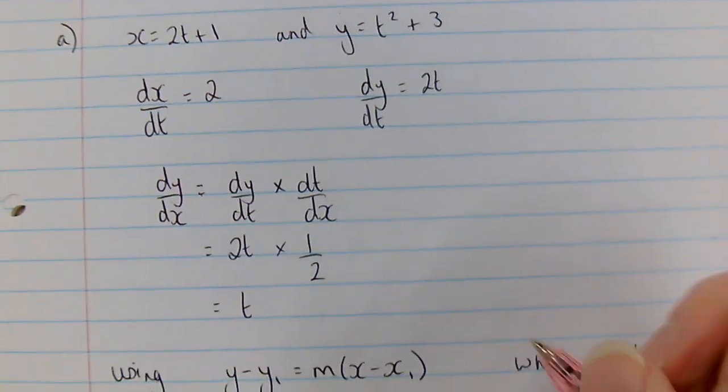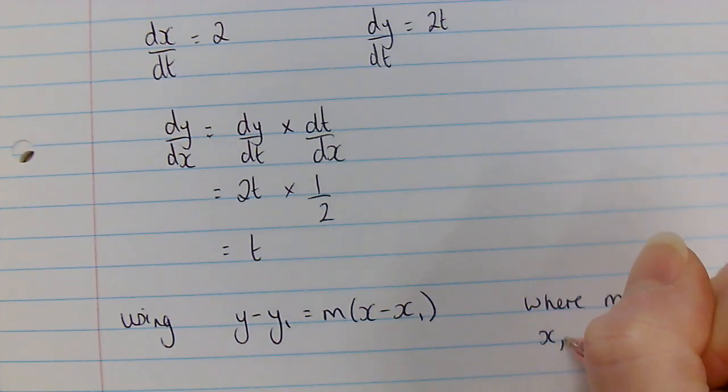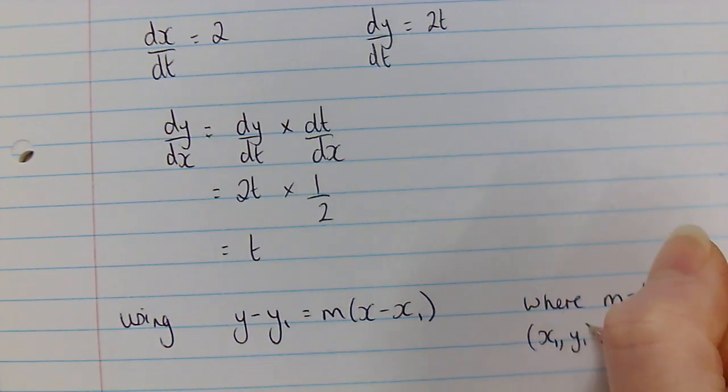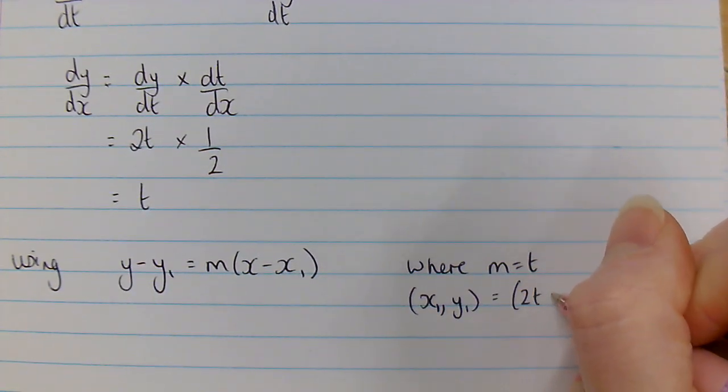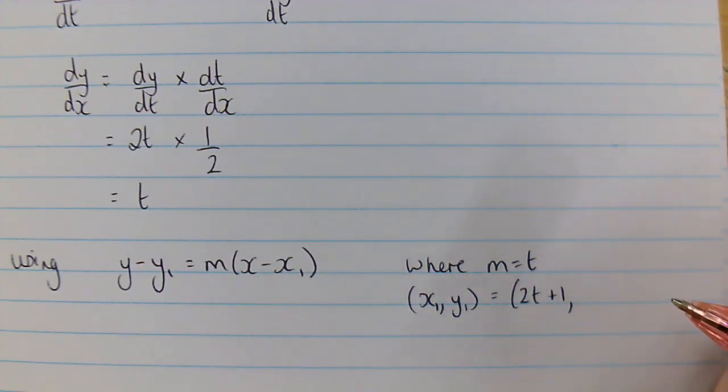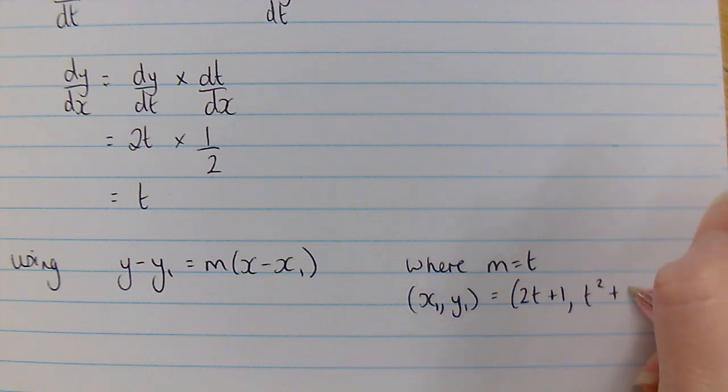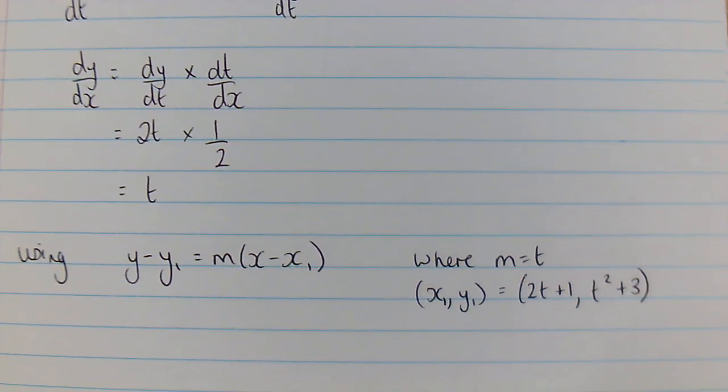So our x1, y1 coordinate would be 2t plus 1 as our x value, and t squared plus 3 as our y1 value.